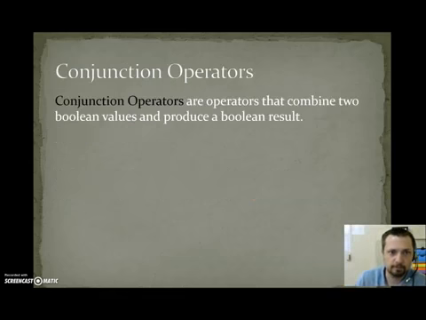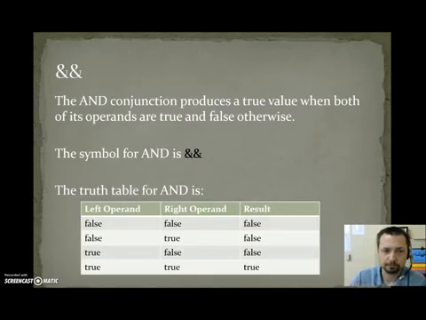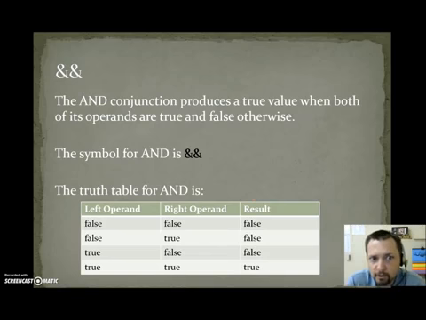Conjunction operators are operators that combine two Boolean values and produce a Boolean result. The first one we're going to go over is AND. The AND conjunction produces a true value when both of its operands are true and false otherwise. The symbol for AND is ampersand, ampersand.